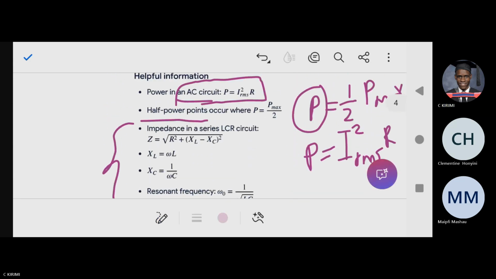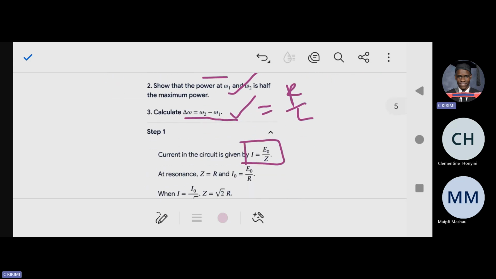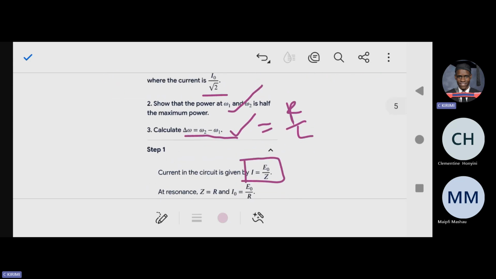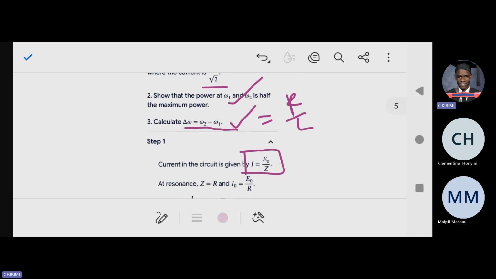Here, the impedance in the series LCR, inductor, capacitor, resistor, circuit. The first formula is current equals E naught, the EMF, over Z. From matric, what did we say? Voltage equals resistance over what?